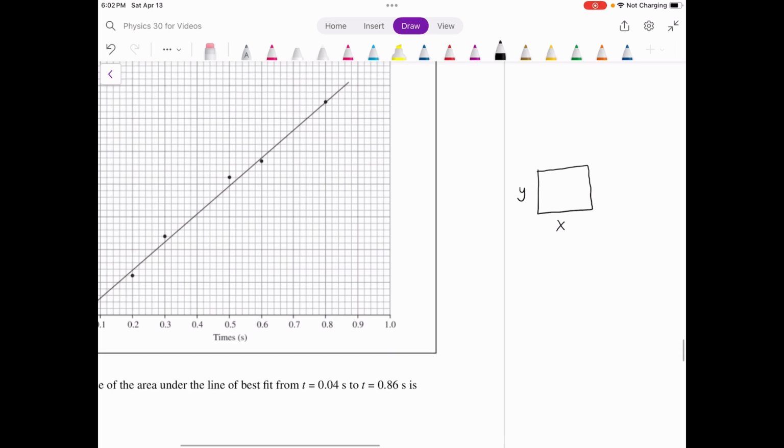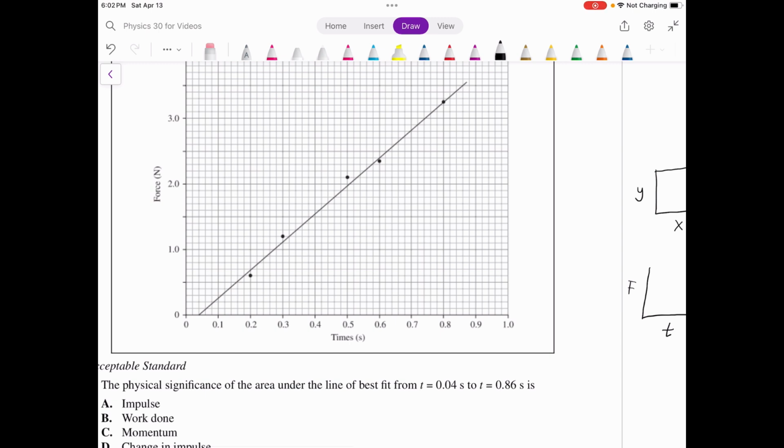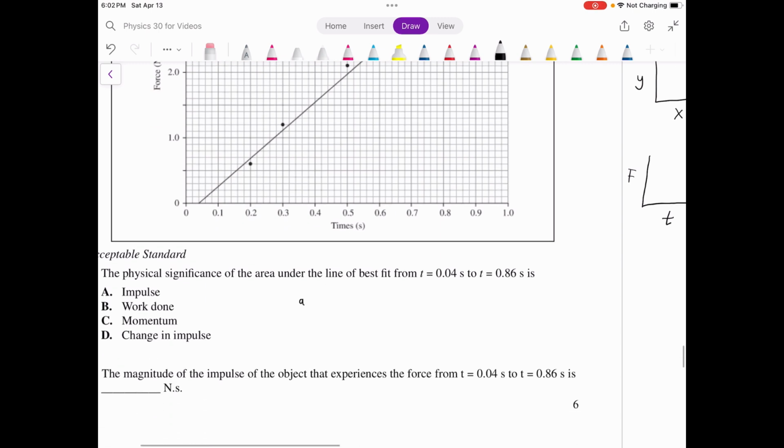So it's the same idea here, except we're being asked what happens if we multiply force by time, because that's calculating the area under this graph, right? So area equals y times x, and on this graph, that means we're doing force times the amount of time that's gone by. So force times time.